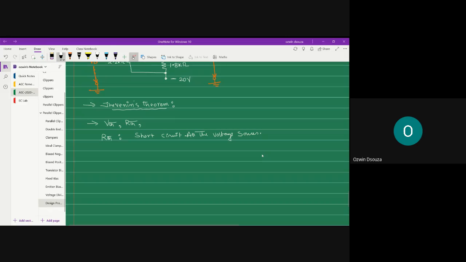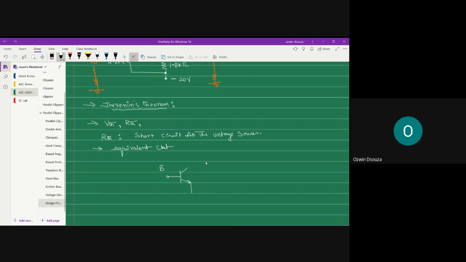Now before applying this step, that is short circuiting all the voltage sources, I will draw the equivalent circuit first, by eliminating the load terminal.